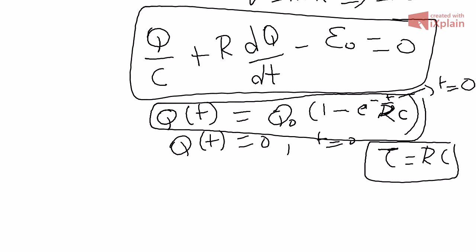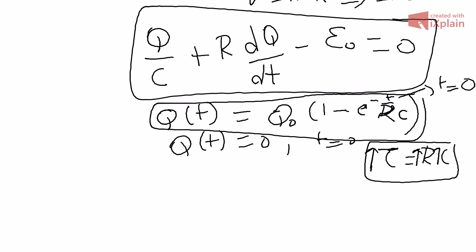If C is greater, as capacitance is greater, then it takes longer to charge fully. And if R is greater, then it also takes longer to charge. So tau depends on R and C. It has the dimension of time. Its unit is second.